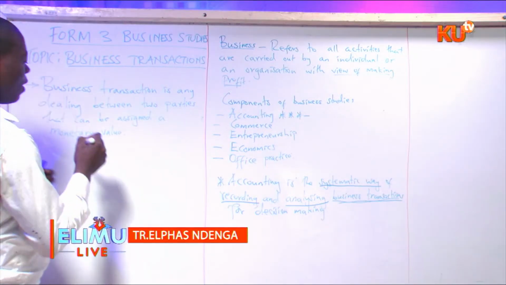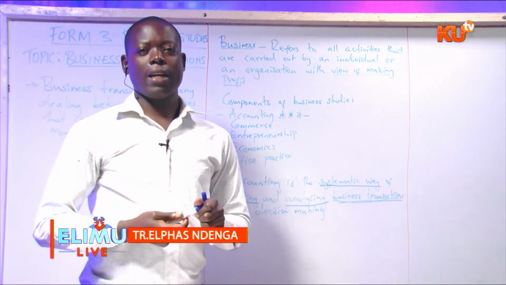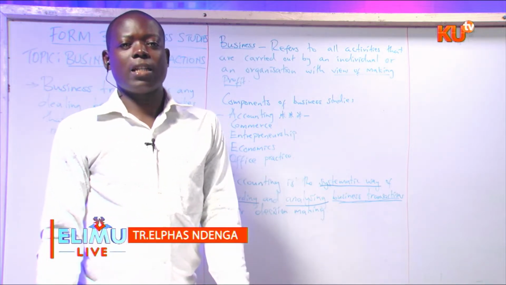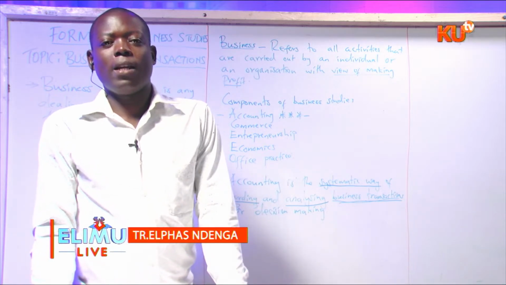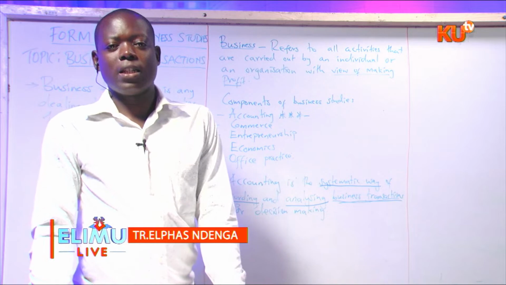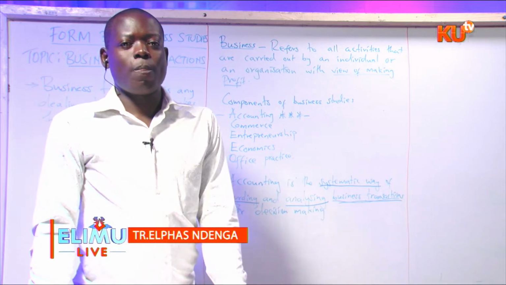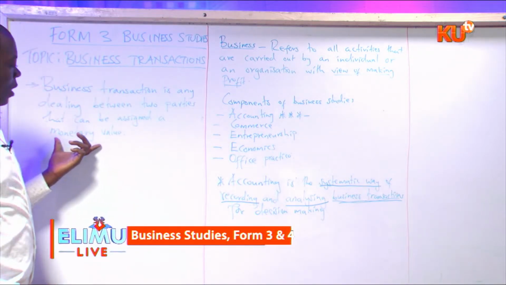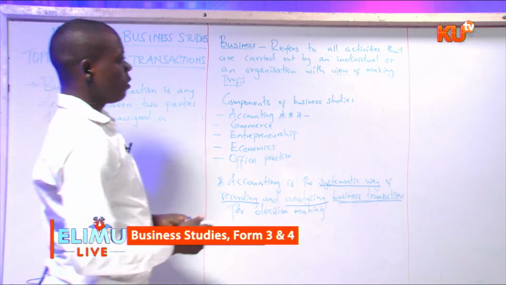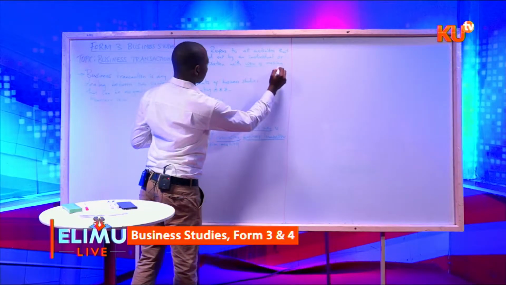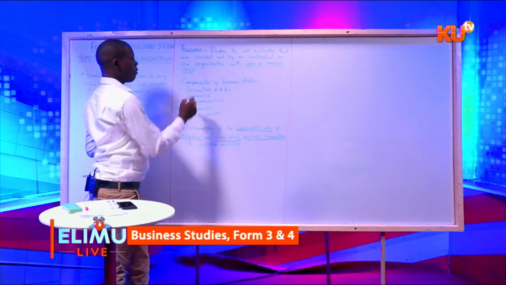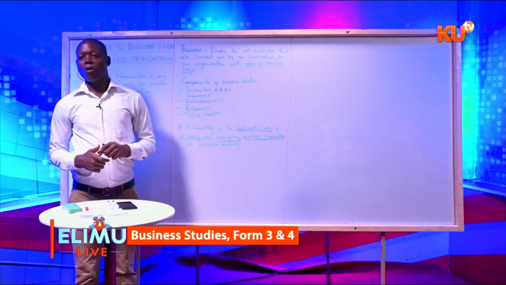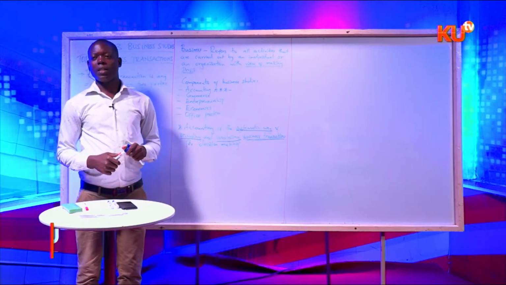So if we have any transaction or any deal that is business in nature, and we can assign it a specific monetary value, then that is what we call a business transaction. Therefore, it is monetary in nature. We have to quantify it in monetary terms for us to be able to identify whether we've made a profit or we've not made a profit. So that is the meaning of a business transaction.